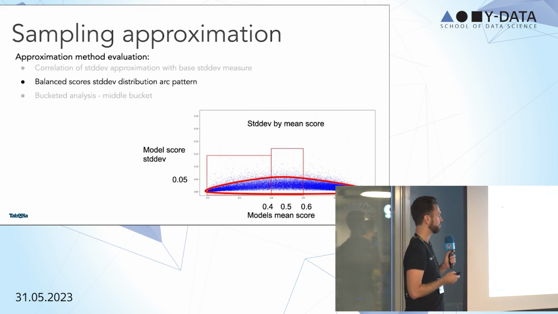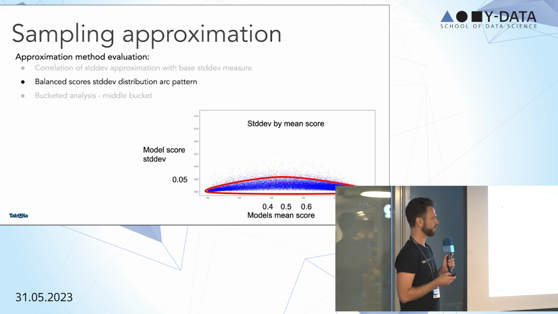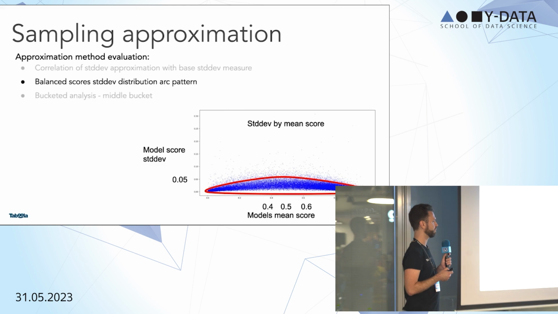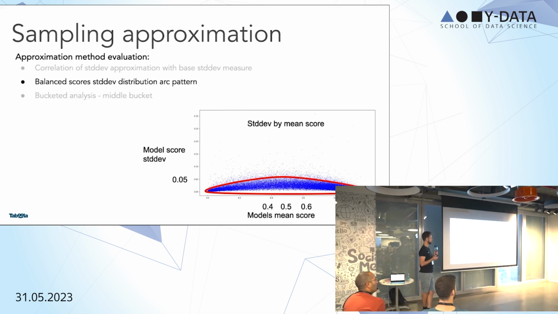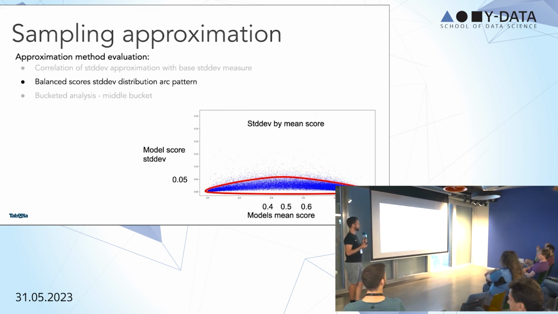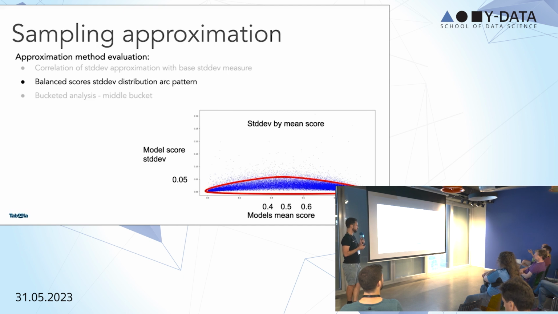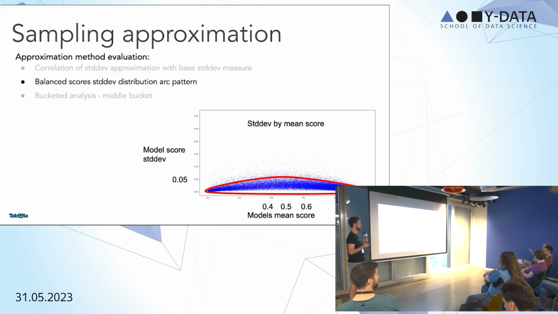Yes? Can you go back a bit? On this slide, you're evaluating your approximation method, right? Exactly. So the base STD is calculated old school, with multiple models. Exactly. But you will need to do this evaluation for any model you train.